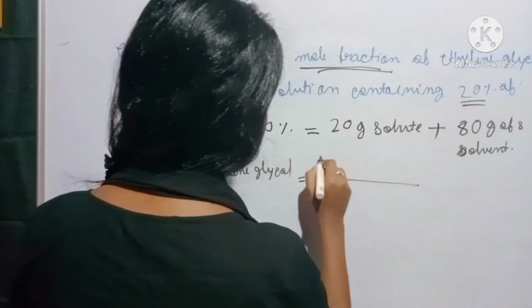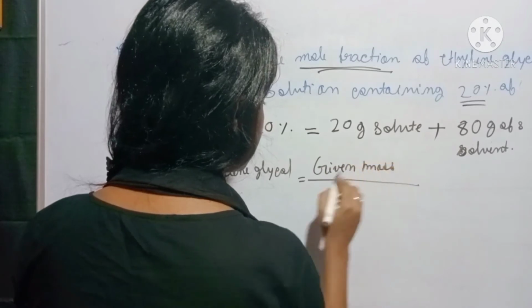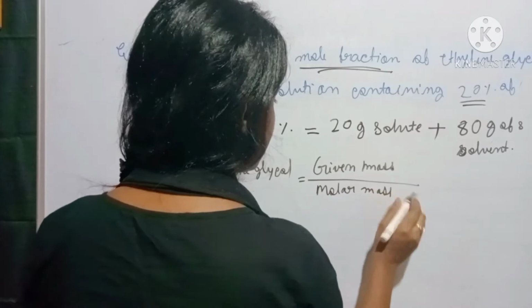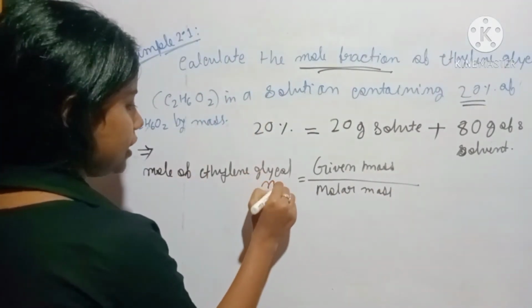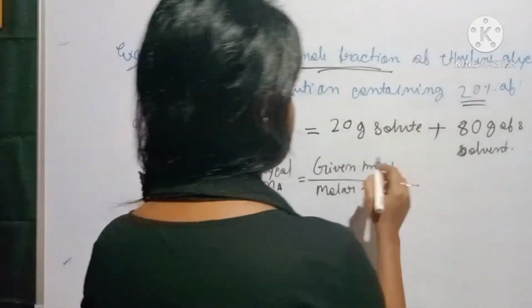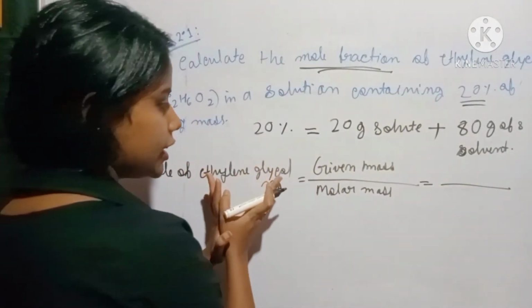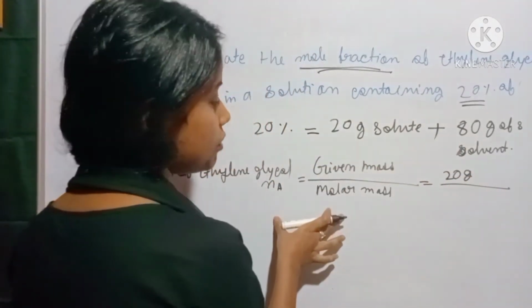It's given mass divided by molar mass. Here the given mass of this solute, I mean ethylene glycol, is 20 gram. And what is the molar mass?